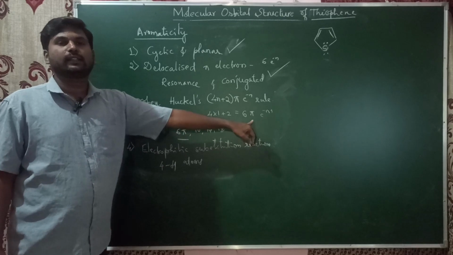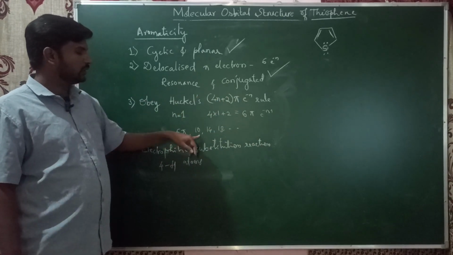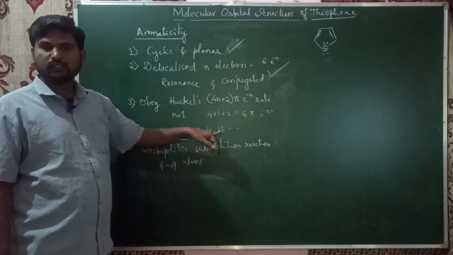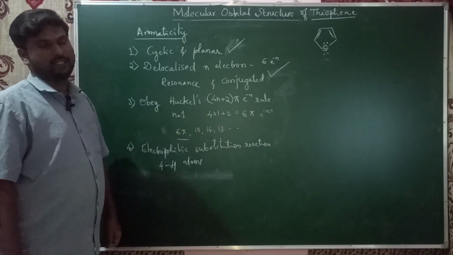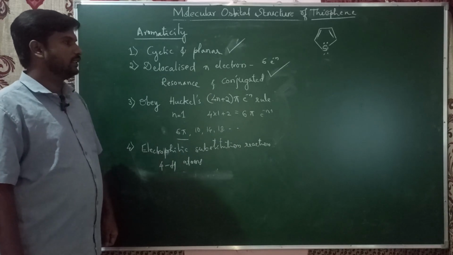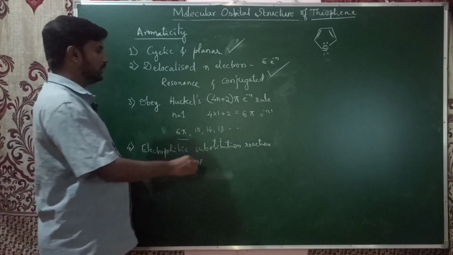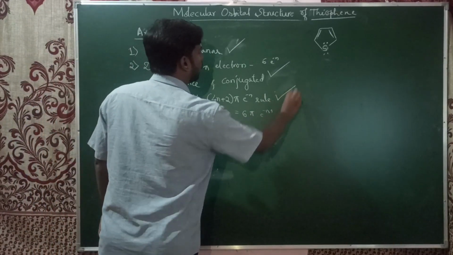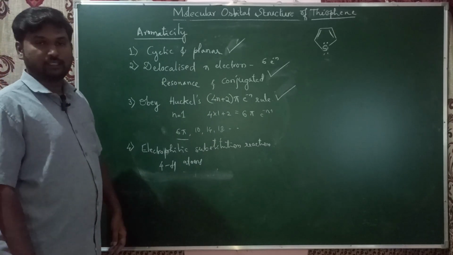According to Huckel's rule, systems containing 6, 10, 14, 18 pi electrons and so on are aromatic in nature. Here also it has 6 pi electrons, so Huckel's rule is obeyed, and it fulfills the third criterion too.